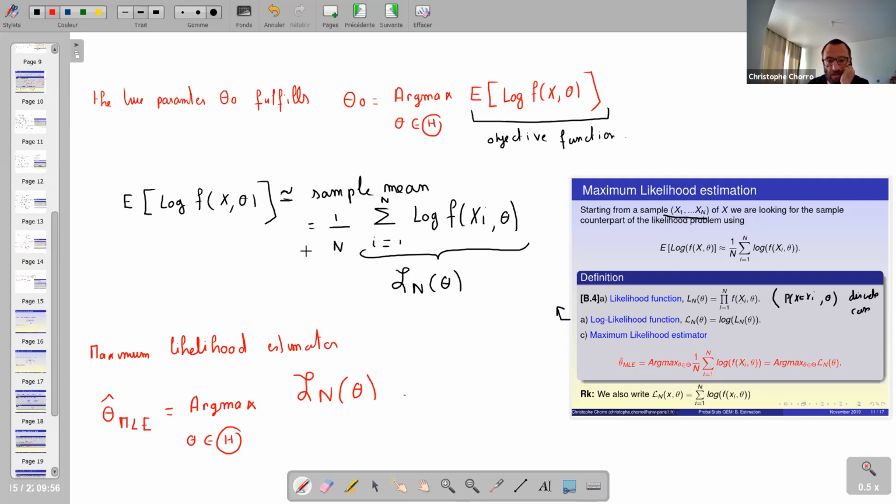And in particular, my maximum likelihood estimator is the maximum of this quantity. From what you know from the course of optimization, if you want to find a maximum, you will have to solve the Euler condition.